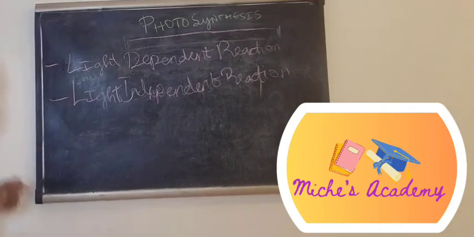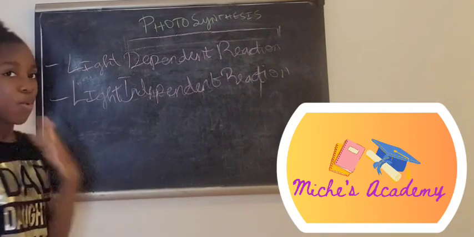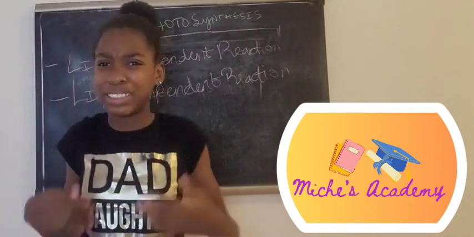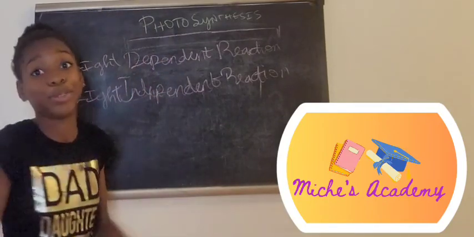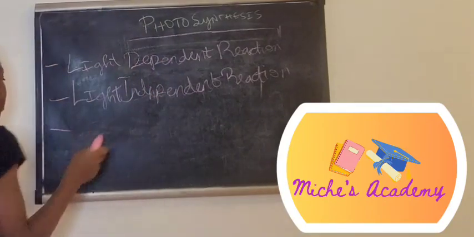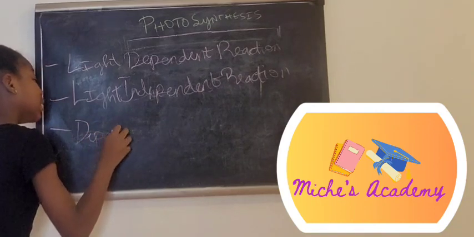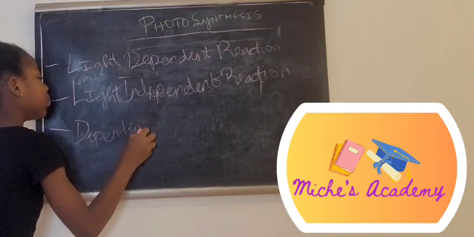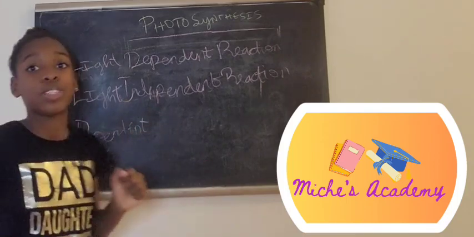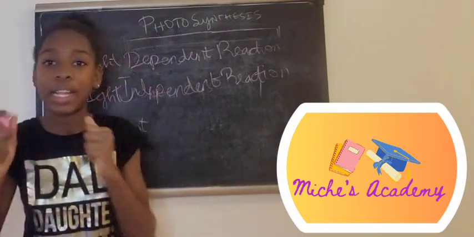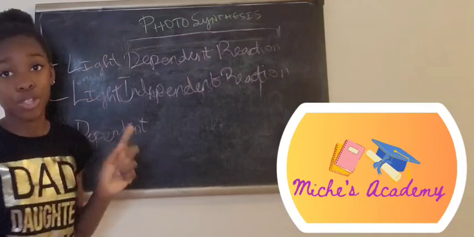Now, let's start with light dependent reactions. What do all of that dependence and light have to do with it? From the word dependent, you can see that the reaction needs something to depend on, and in that case, that thing to depend on is light.